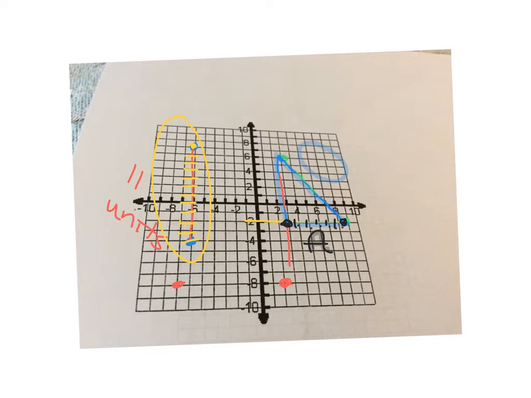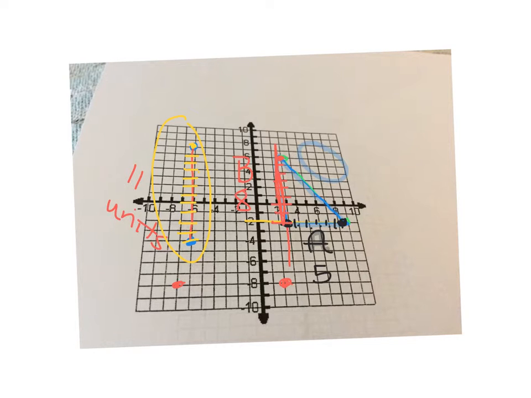So A is 5. Now I have to look at the other side of the triangle. I'm going to highlight it in red. We're going to call this B. And we're going to count this side. So here is my green dot. I go 1, 2, 3, 4, 5, 6, 7, 8. So B is 8.